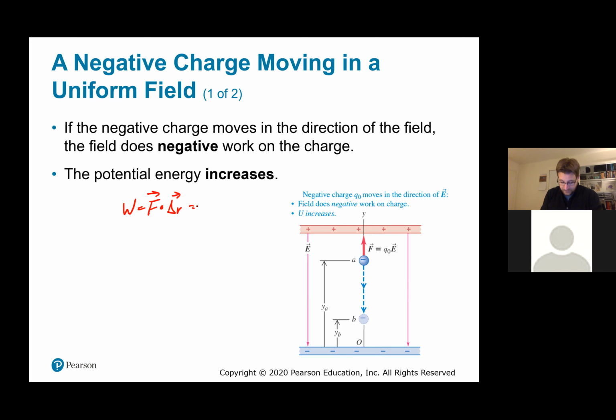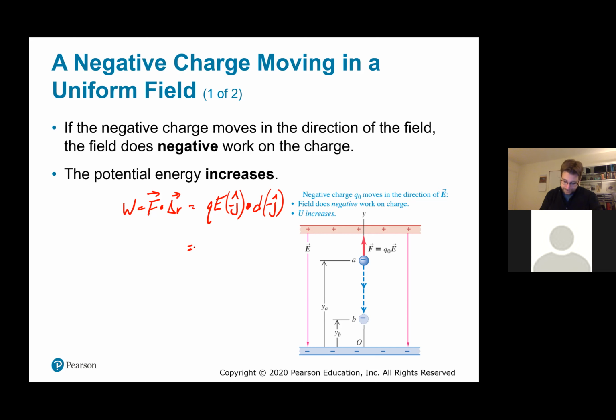The force of the field is QE. And in this picture, it's down. Dot the displacement, which is down. Those are in the same direction.